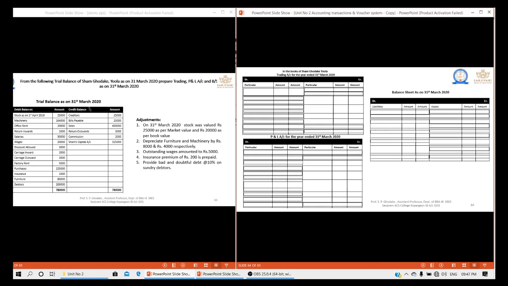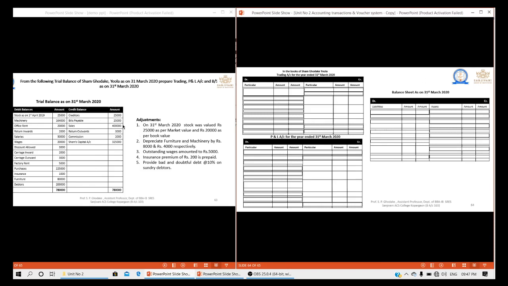So what do we do to solve this numerical? Step 1 is identification of these transactions, then identifying their debit balances and credit balances. That is already given, so no need to think about it. Then we transfer the respective items into the respective ledgers. Certain items are part of the trading account, certain items are part of the profit and loss account, and certain items are part of the balance sheet.